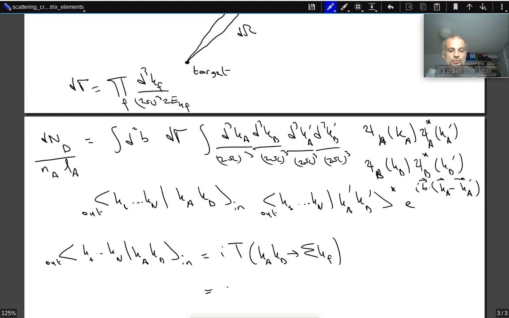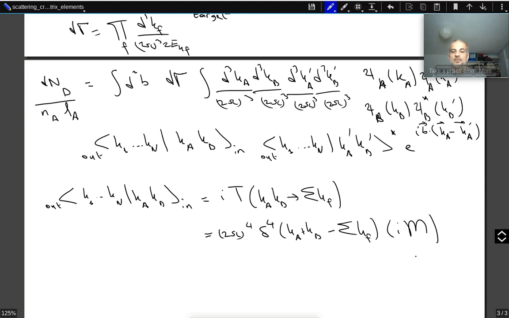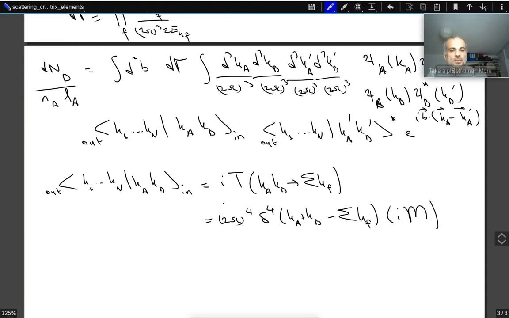So this will be proportional to 2 pi to the 4, Dirac delta to the 4, Ka plus Kb minus Kf, and the proportionality constant we will call i times M. This is our invariant scattering amplitude M. So in terms of this invariant amplitude, we have d squared N divided by NA LA. This is equal to, let's say, d gamma.